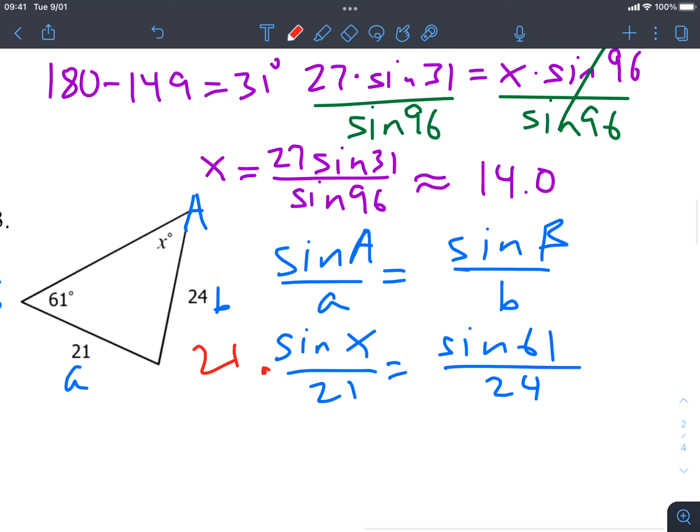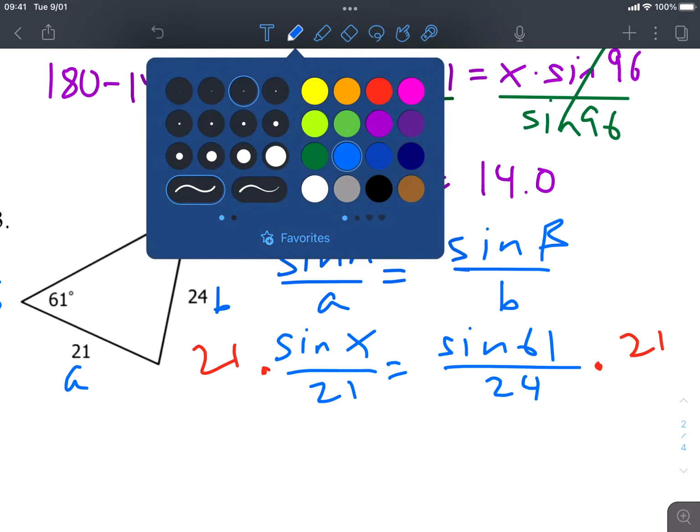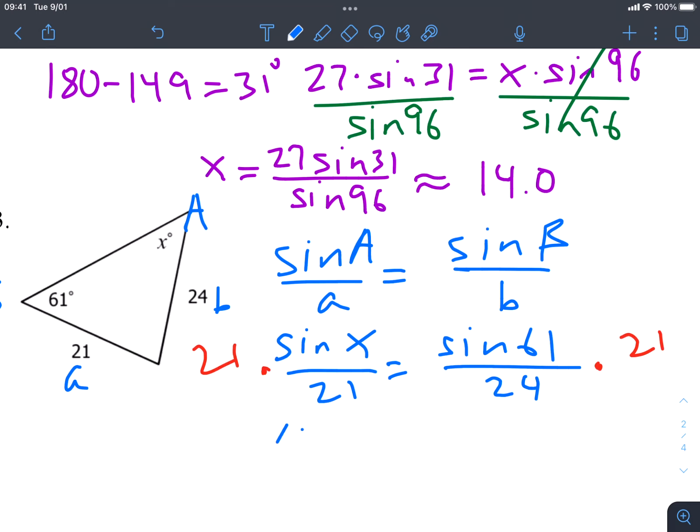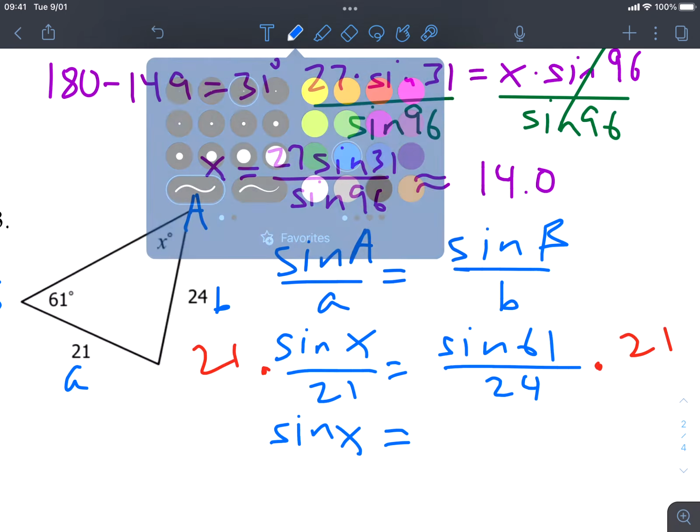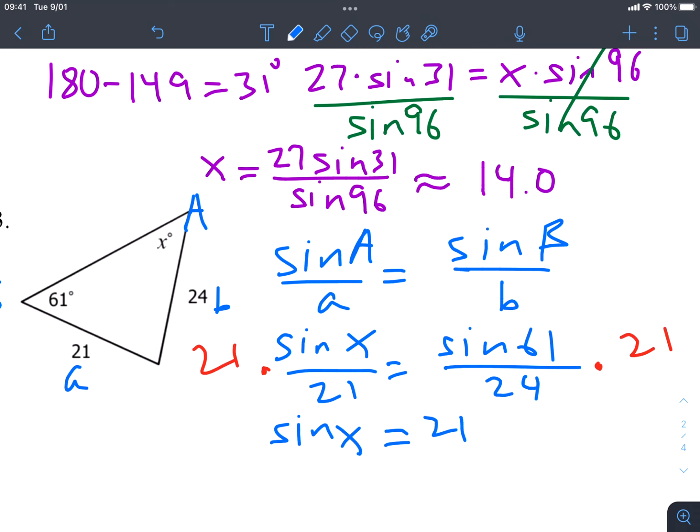So since I'm dividing by the 21, I need to multiply by 21. So now the sine of x is equal to 21 times the sine of 61 divided by 24.